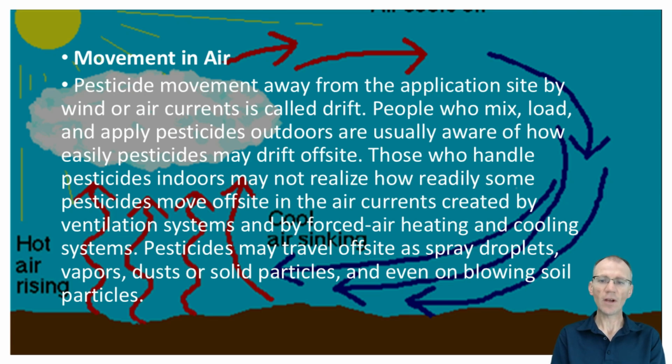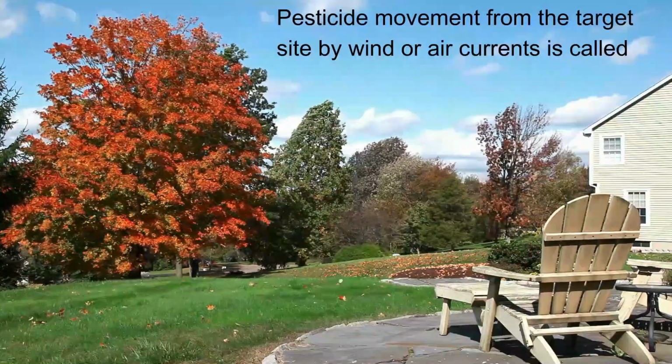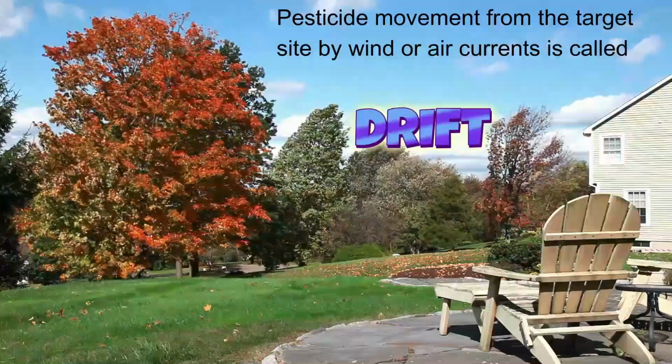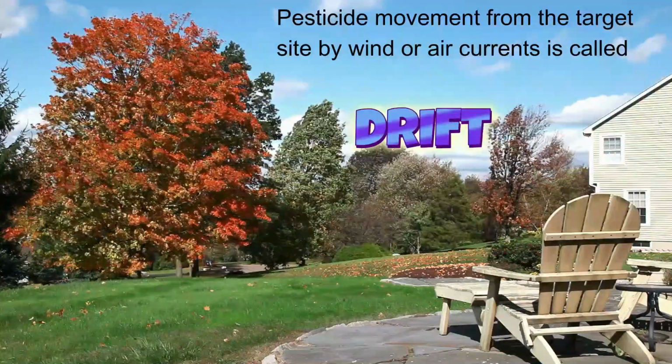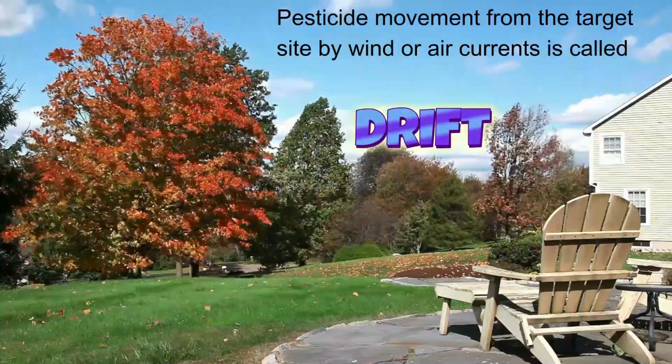Pesticides may travel off-site as spray droplets, vapors, dust or solid particles, and even on blowing soil particles. So we have some simple concepts here. Obviously, wind or air currents can pull pesticides into the air. This is called drift. Drift is one of the easiest ways for pesticides to be carried off-site into non-target areas.